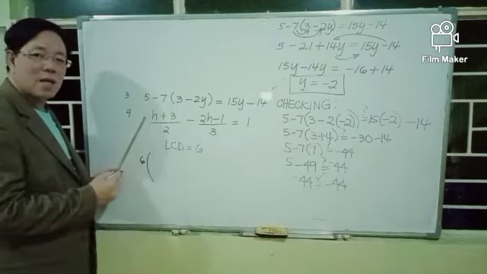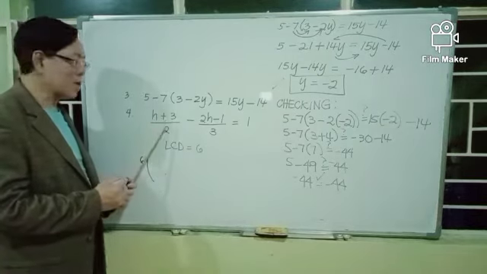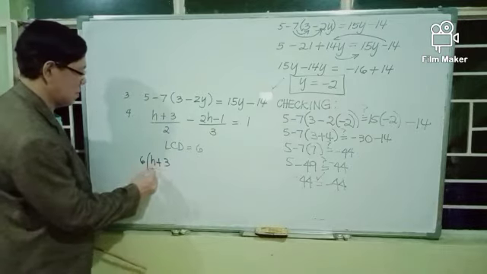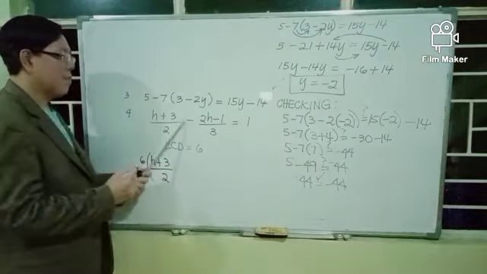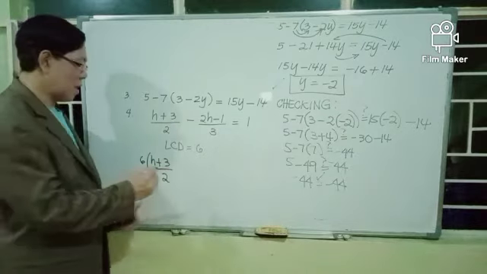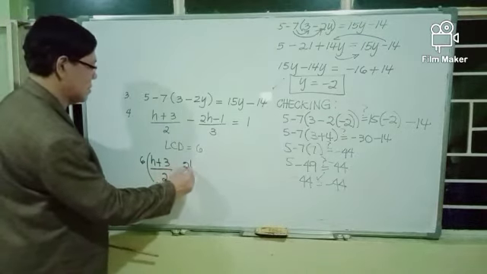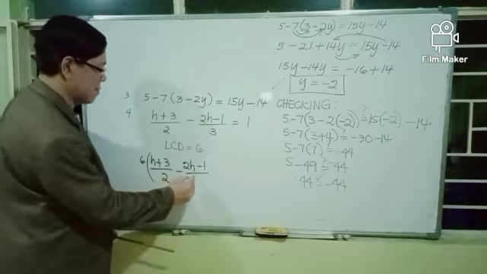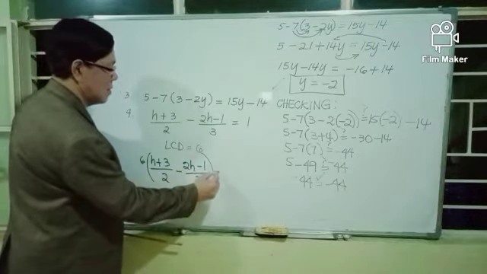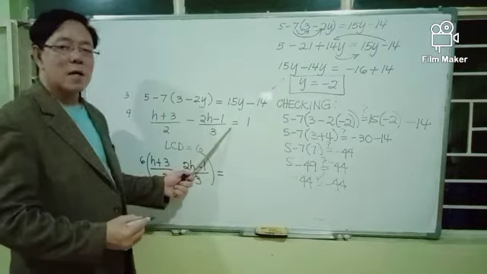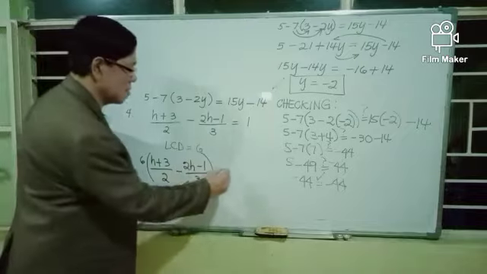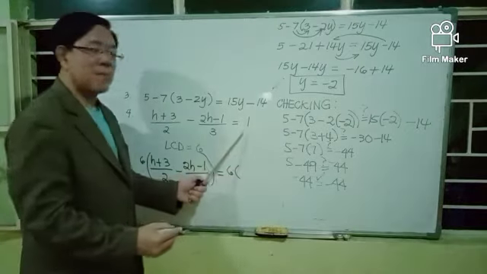Multiply that by the left hand side, h plus 3 over 2, minus 2h minus 1 over 3, equals the right hand side, also multiplied by the LCD 6, multiplied by 1.